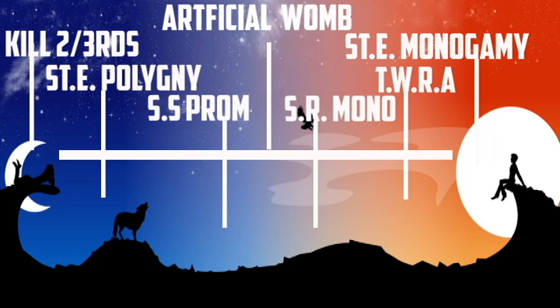So if we go right to the center, we can see that the artificial womb is there because there's no externalization of cost onto another party at all. If a man wants to have a child, he goes to the artificial womb. If a woman wants to have a child, she goes to the artificial womb, and then she doesn't have any physical risk accompanied with the pregnancy.